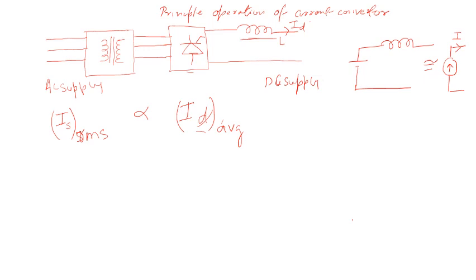Now we'll talk about your transformer. We have connected a transformer here. That is because of two reasons. I'll tell you. First, suppose this is your supply line, and this transformer can step up or step down the line voltage to your rectifier.